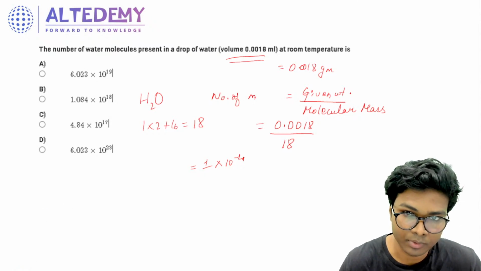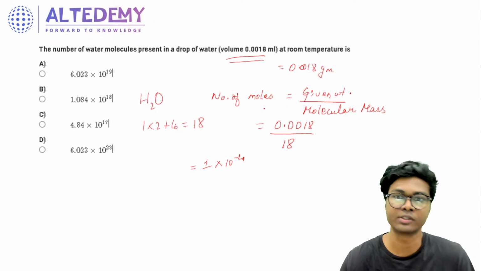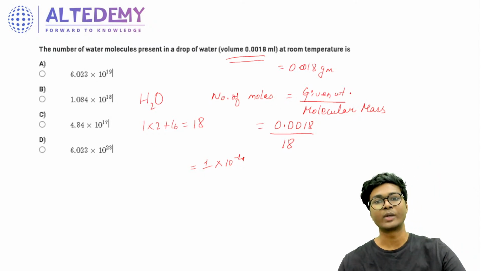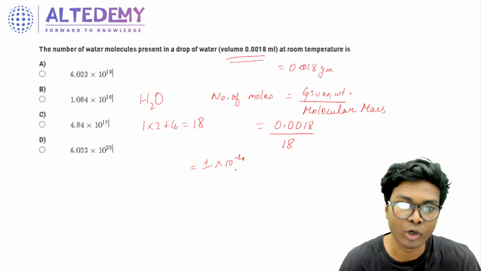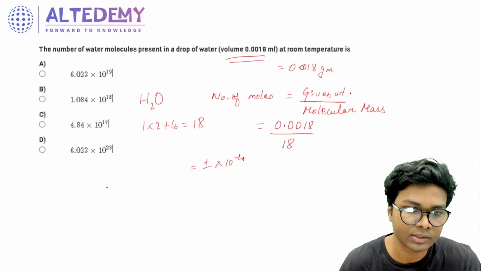This is the number of moles. Number of moles is always given weight by molecular mass. Now we got the number of moles, and to find the number of molecules, we'll have to multiply it with the Avogadro number.